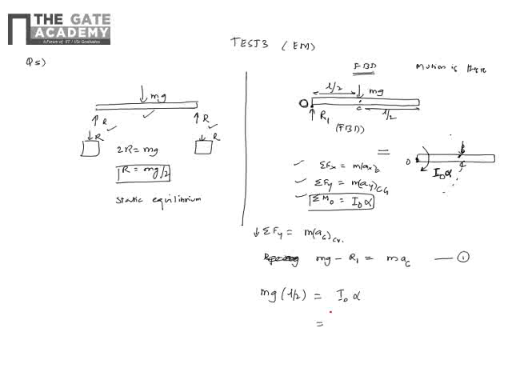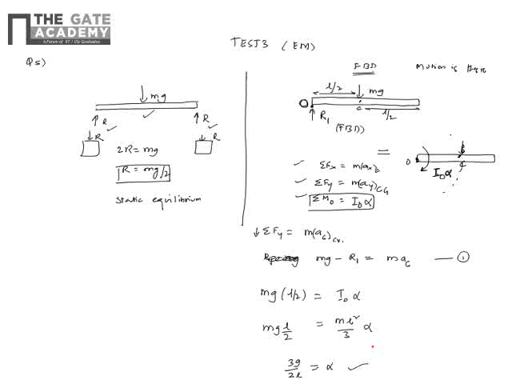I naught is the mass moment of inertia of the rod about O, which is ml square by 3. This comes from the derivation: about the center it's ml square by 12, about its end it's ml square by 3. From this we get alpha as 3G by 2L.